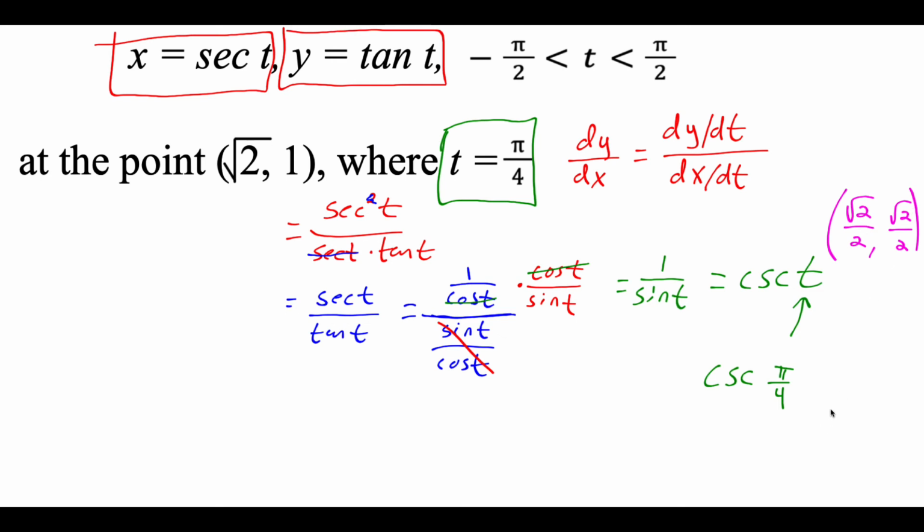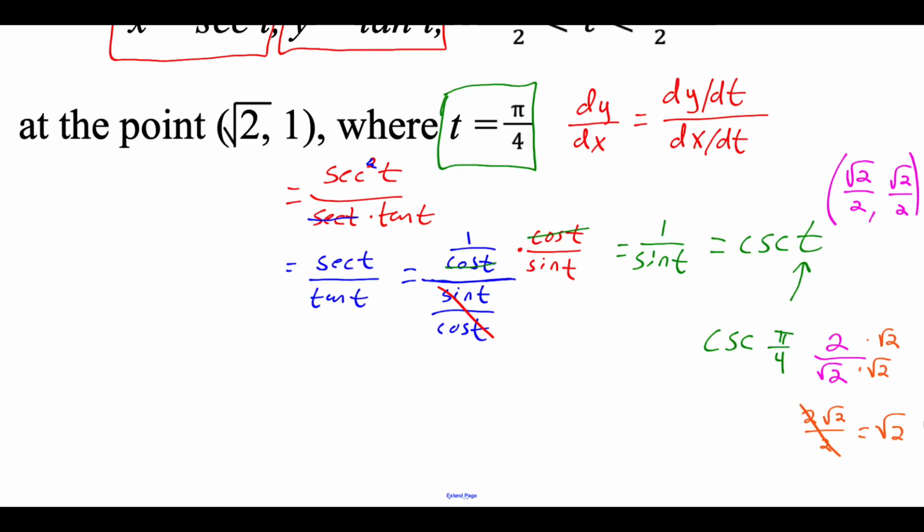So the reciprocal is 2 over root 2, but we're going to clean that up by rationalizing the denominator. We multiply top and bottom by root 2, so we get 2 root 2 over 2, but those 2's cancel out, so we just get root 2 as the slope at that specific t value.